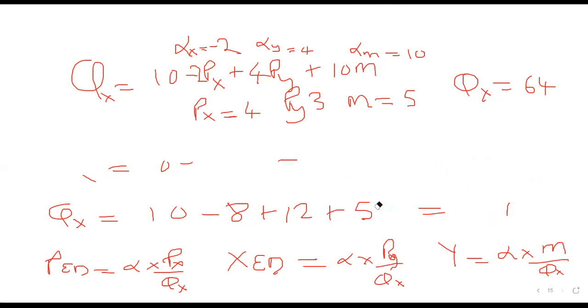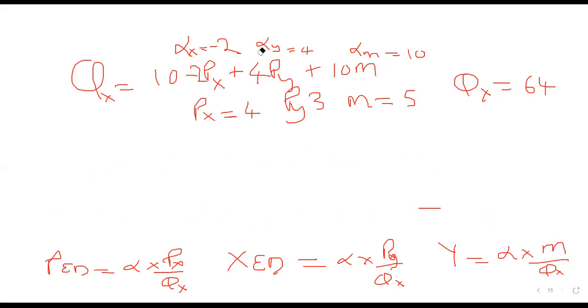Using the same page, I can now calculate the individual elasticities and we can comment on each of them. So what is the price elasticity of demand? The alpha is -2. The actual price for good X was 4. The quantity was 64.